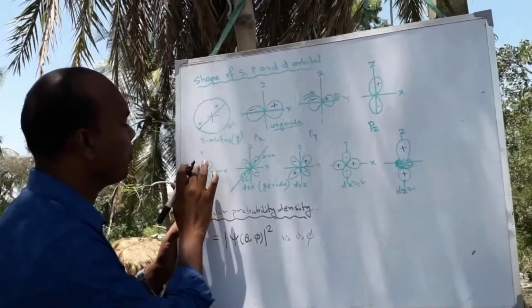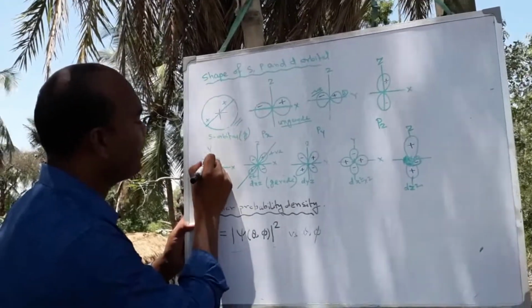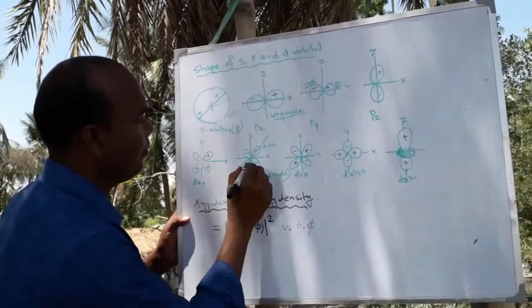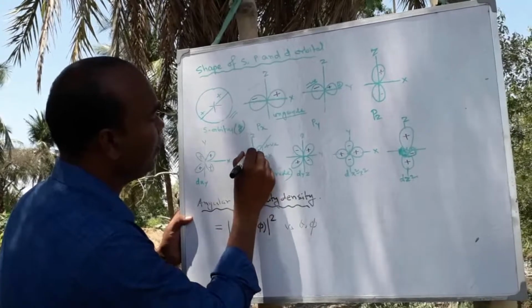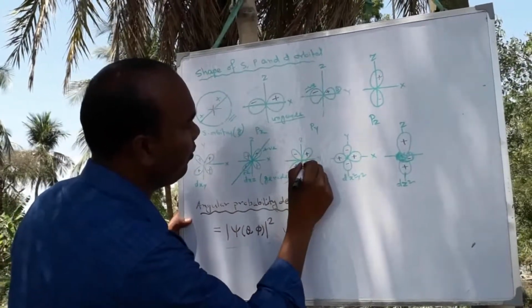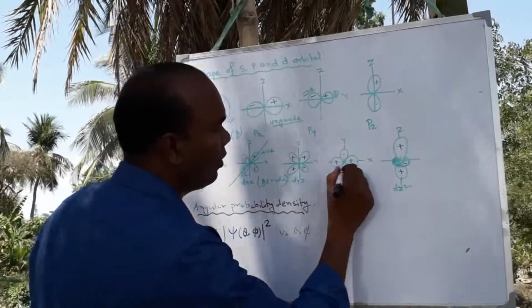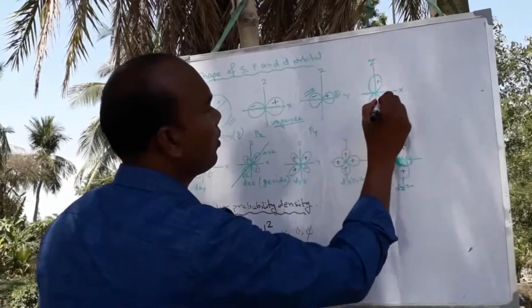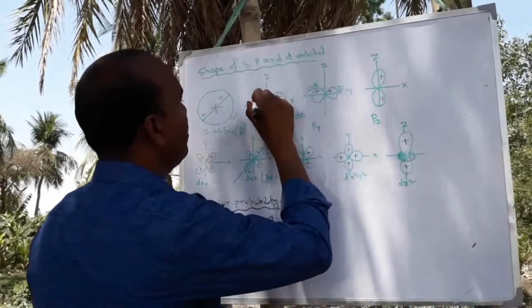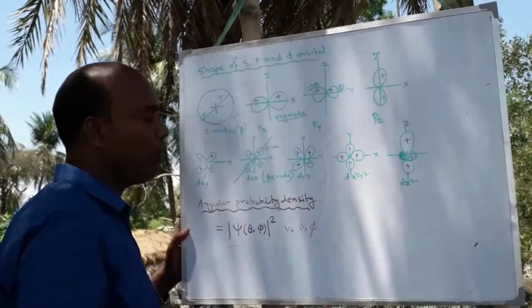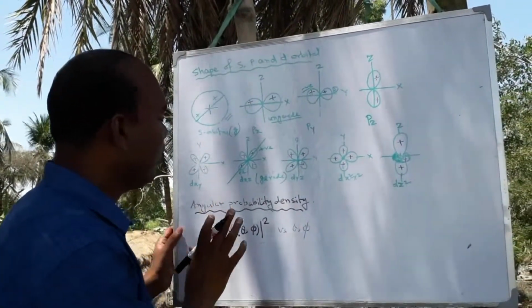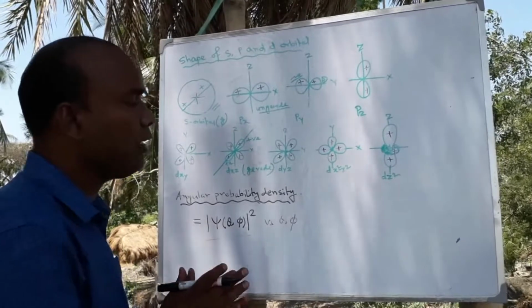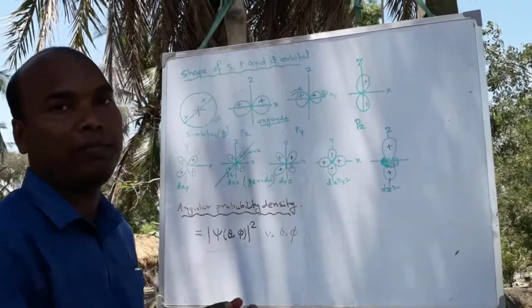In all directions this will be positive. So this is the plot for the angular probability density in three-dimensional space. There is no negative part.